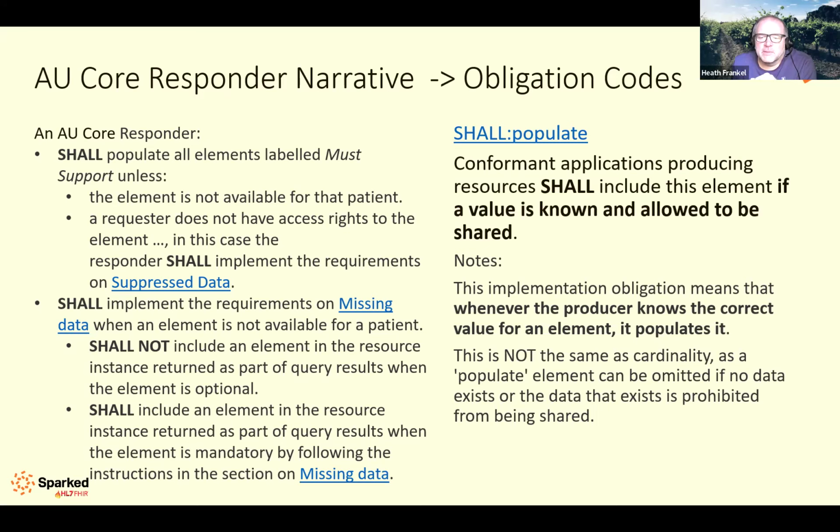And the other aspect that I just want to pull out here as well is that element around if the data exists. We've been talking about, well, if a system doesn't even have the concept, then that's equivalent to the data not existing.